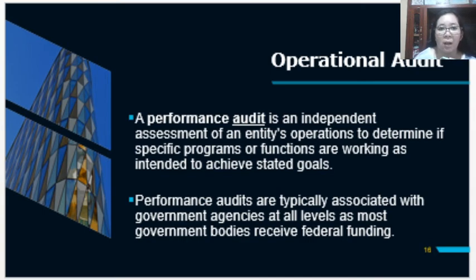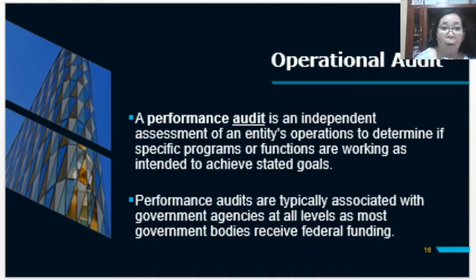So here, normally there are pre-established goals stated. Normally or preferably, they will be stated in terms of amount or something that can be quantified or measured, and then the auditor will compare the actual performance of that segment with the established goals, to see if they did follow and achieve them.